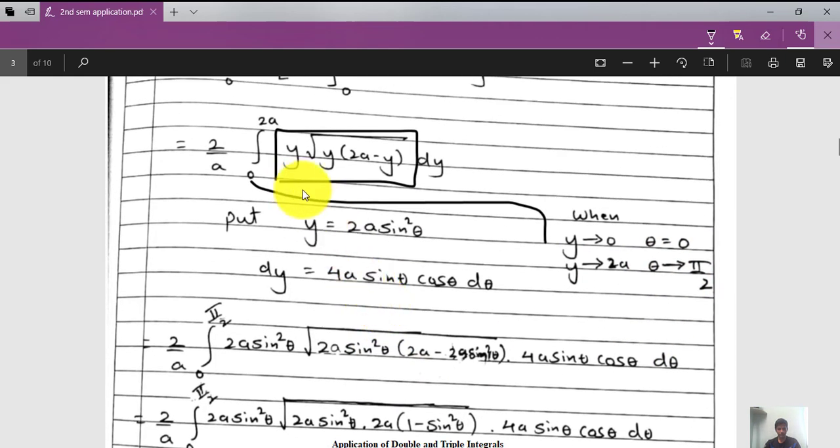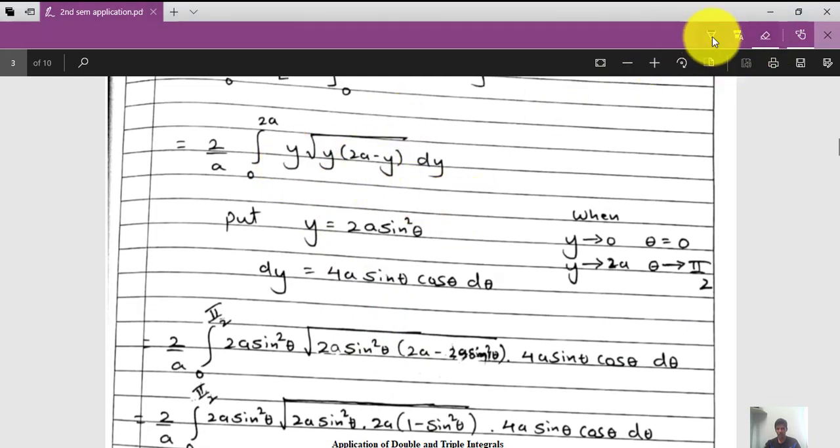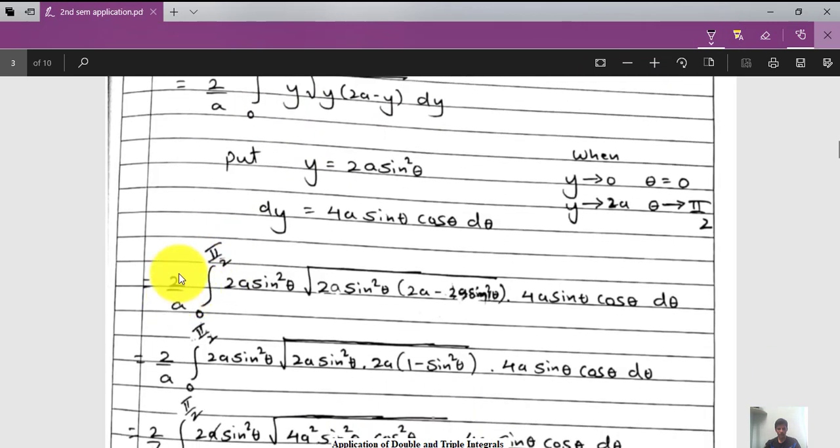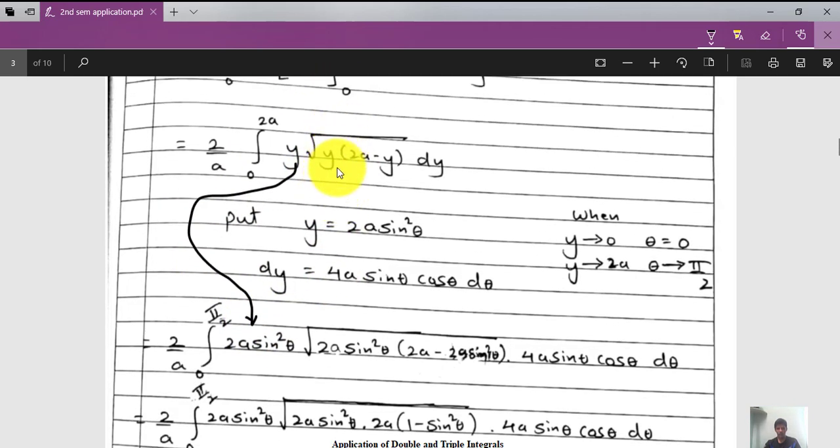Now I will keep things as they are. This y I will write here, and under the square root sign, y and then 2a minus y, where y is 2a sine square theta.